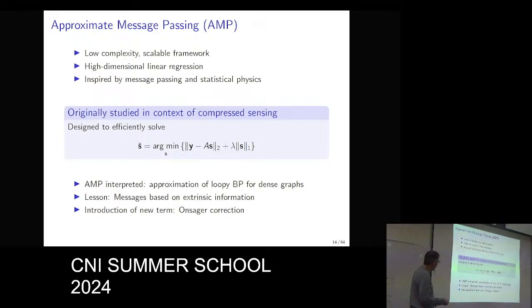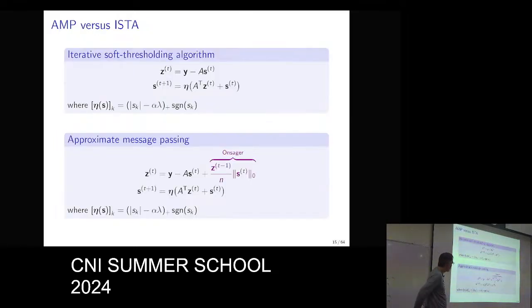And our objective is going to be this objective over here. And what we want is an AMP interpretation of the algorithm we've seen on the previous page. So we'll get to design or see what the Onsager correction looks like for this particular term. So this is the iterative soft-thresholding algorithm that we had just a few slides ago.